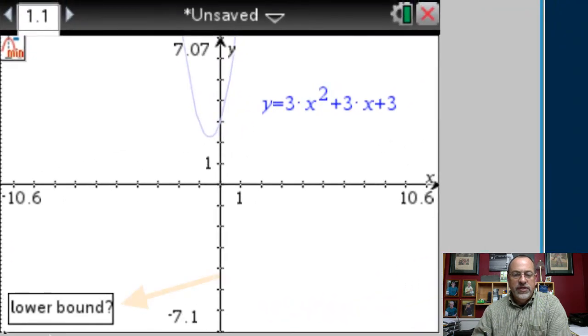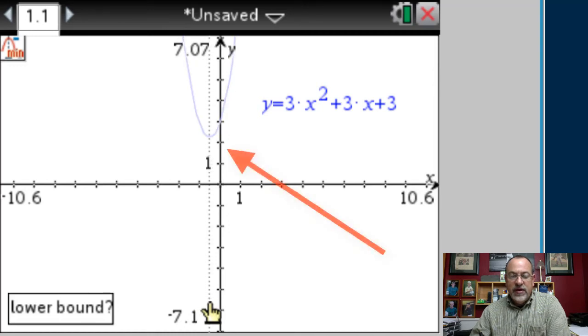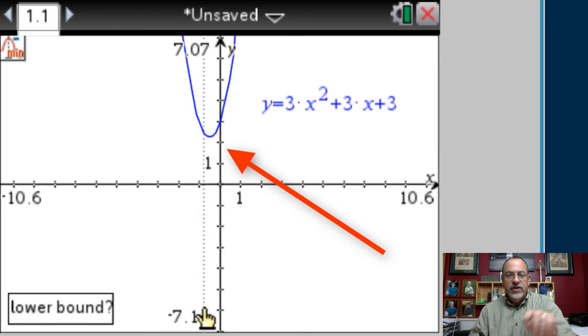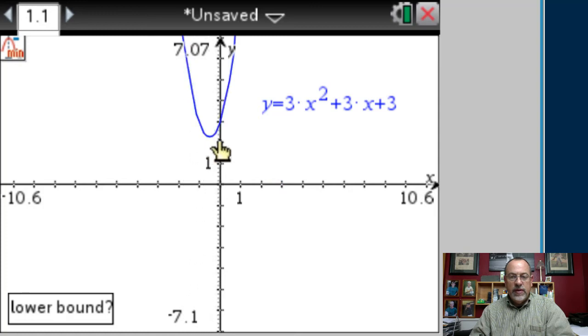And then you'll notice in the lower left corner of the screen it says lower bound. Yours might say left bound, whatever. It means the same thing. You'll notice that the vertex is somewhere right in here, and then on your graph you'll see a little flashing cursor, and if you scroll to the left or right, it will move along the parabola.